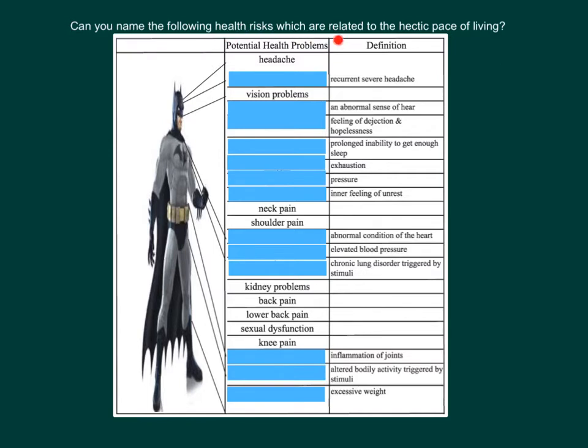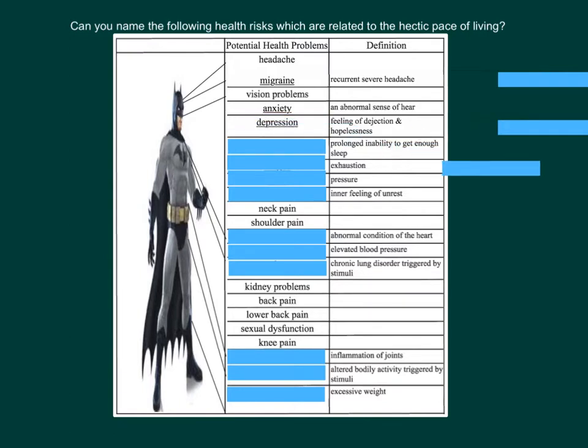The potential health problem, headache, and migraine, 偏头痛, the recurrent severe headache, vision problems, anxiety, 焦慮, an abnormal sense of fear, depression, 抑鬱, feeling of dejection, 沮喪 and hopelessness.